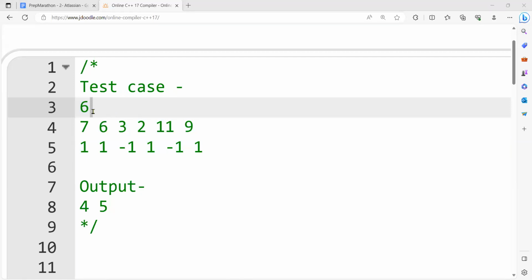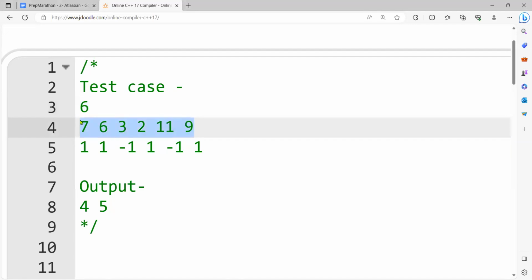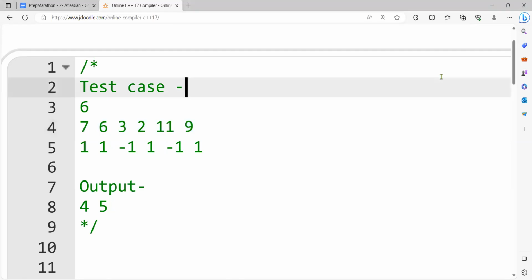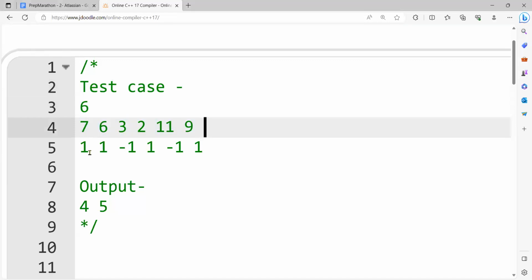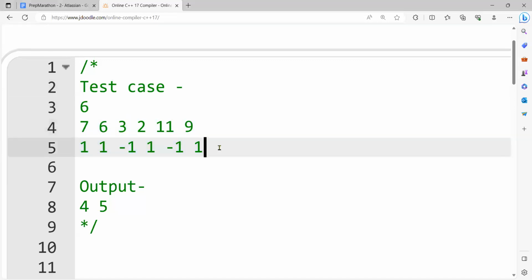There are six balls, and the first line tells you about the strength of those balls. I'm assuming my code editor IDE is visible where I'm sharing this test case. So what is happening here? For this test case, these are the number of balls, these are their strengths, and this is their direction.